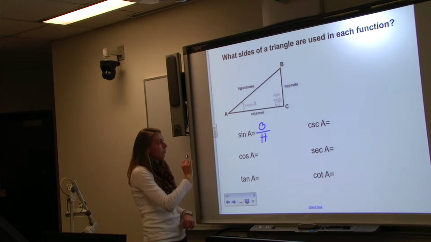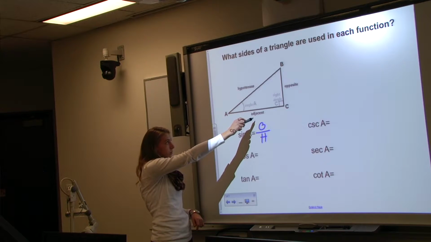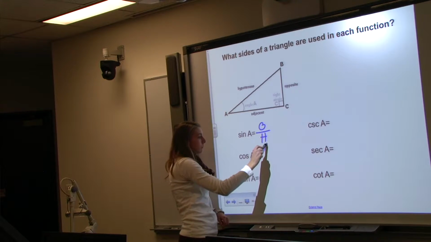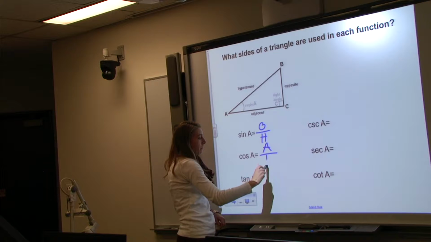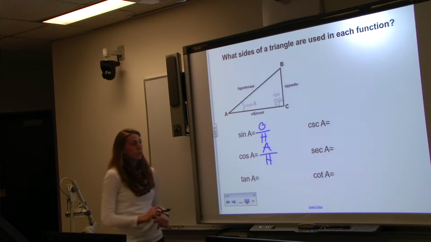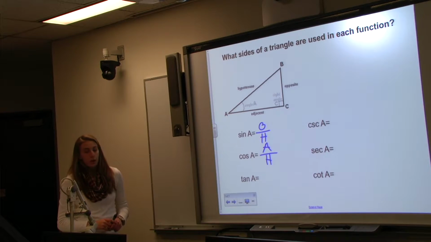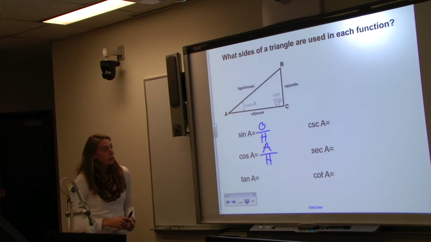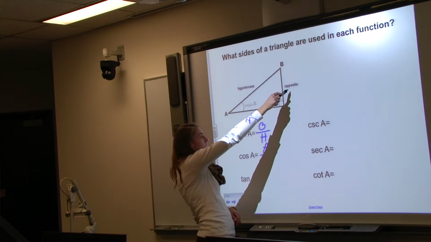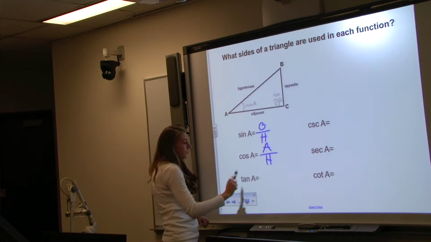For cosine, we take the adjacent over the hypotenuse. And for tangent, we take the opposite of A over the adjacent.